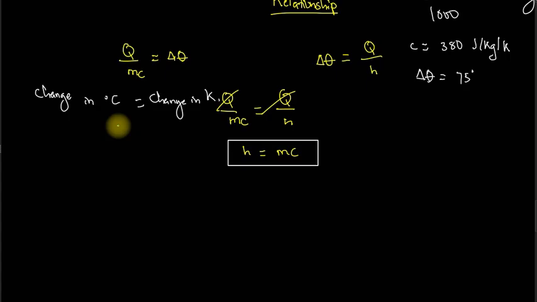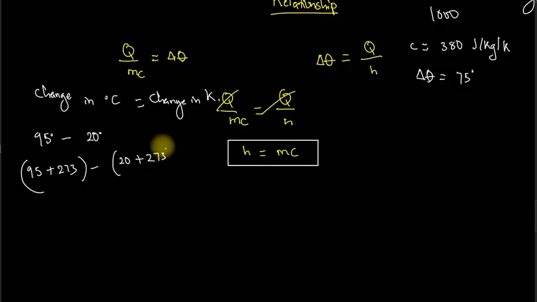Let me prove to you that change in Celsius is equal to change in Kelvin. Let's say, for example, what we just subtracted. We subtracted 95 degrees minus 20 degrees to get 75 degrees. If we were to convert to Kelvin first, we have to add 273 to convert to Kelvin. So 95 plus 273, we have converted 95 degrees Celsius to Kelvin, minus 20 plus 273 Kelvin, we have converted 20 degrees Celsius to Kelvin.